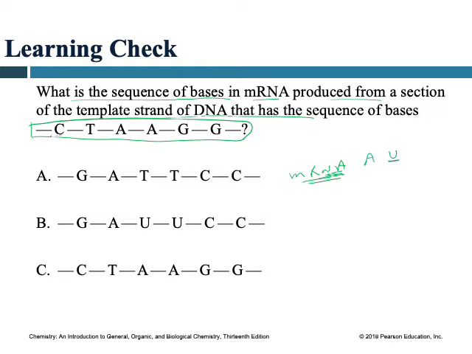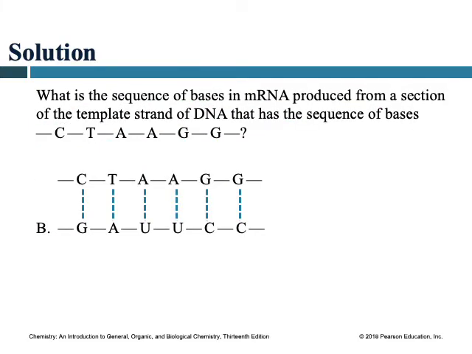C binds to G, T binds to A, A binds to U, because we don't have T in the RNA, then C, then C. So let's compare which one is this: G, A, U, U, C, C. So option B is your correct answer, because this T is not possible in RNA, right? The answer is already provided over here.